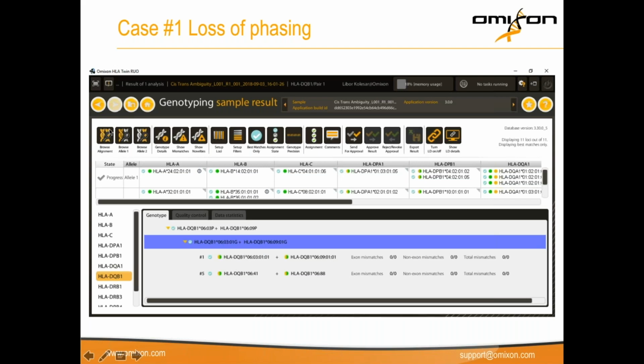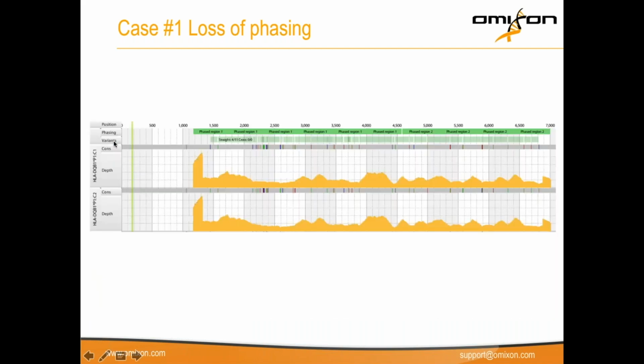And finally, click on the Browse Alignment button. What you can see here are 2 consensus sequences of DQB1 locus. Consensus 1, consensus 2. The phasing track is highlighted in the orange rectangle.